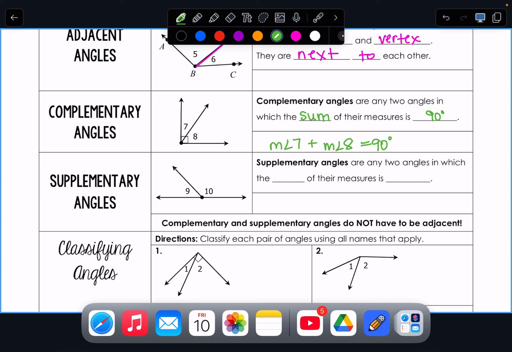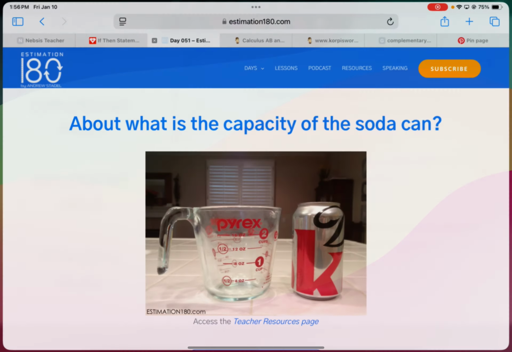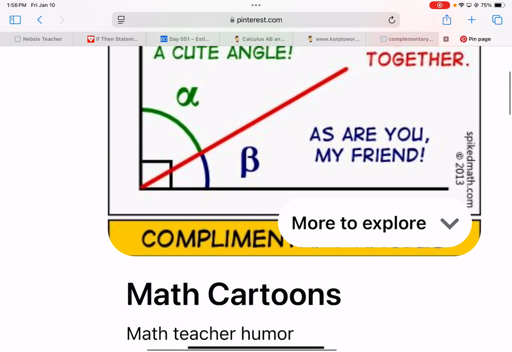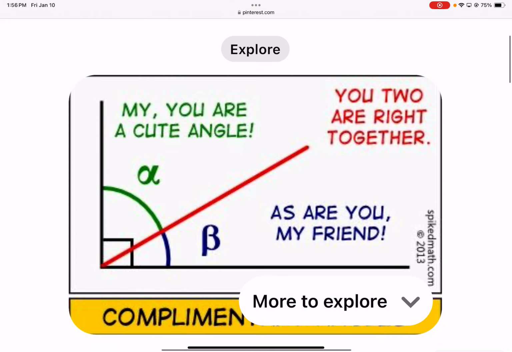They can be adjacent, but they don't have to be. These two angles are also complementary.